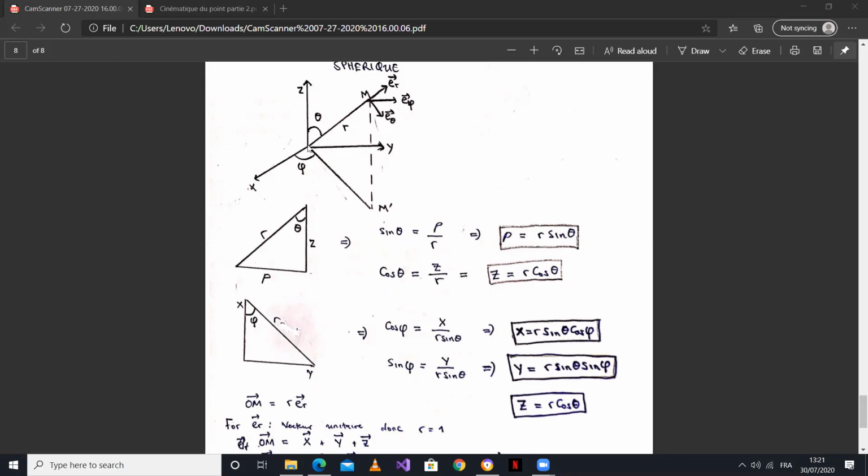We are going to use this figure here, which we had yesterday when we were doing the cylindric coordinates. So we are just going to get this Y and project it this side. When we project this Y there, like we did yesterday, the angle between X and Y is 90 degrees. So I'll have my right angle triangle: X, Y, and OM prime, or rho.